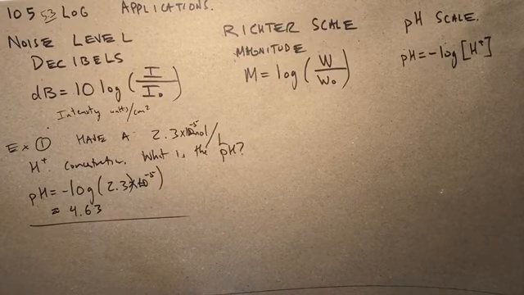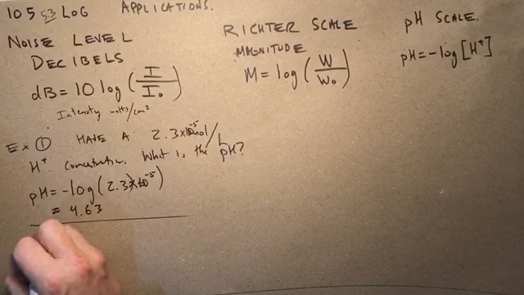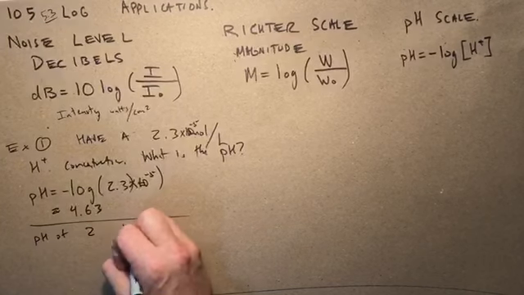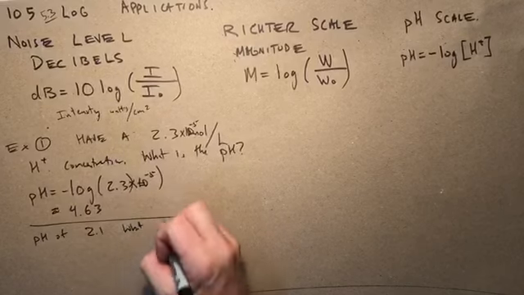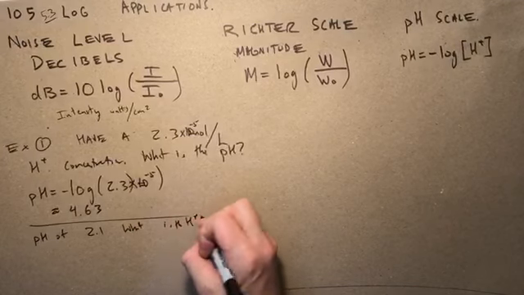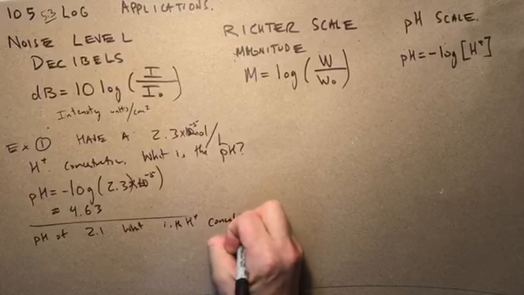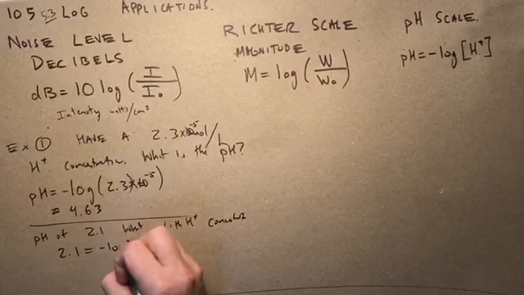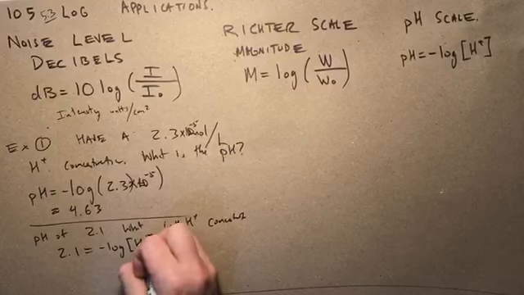Similarly, if I told someone that we have a pH of, let's say, 2.1, what is the H plus concentration? I can say 2.1 is equal to the negative log of my hydrogen concentration.